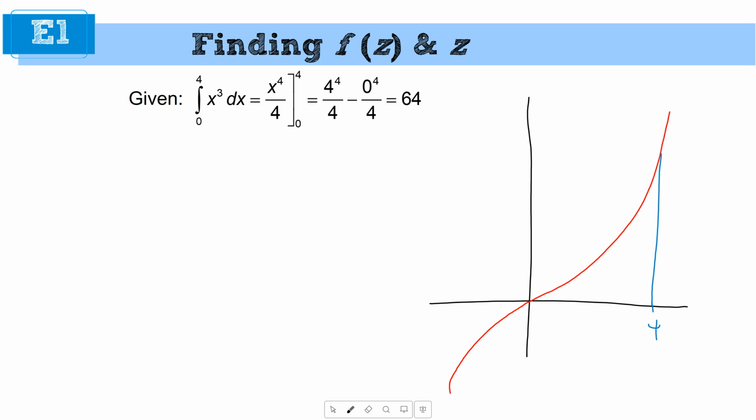So I'm going to guess something like this. Maybe? I don't know. Does this area look to be about the same as that area? Yeah. It's good enough for government work. Okay, that's what we're going to go with. So this is my f of z value.